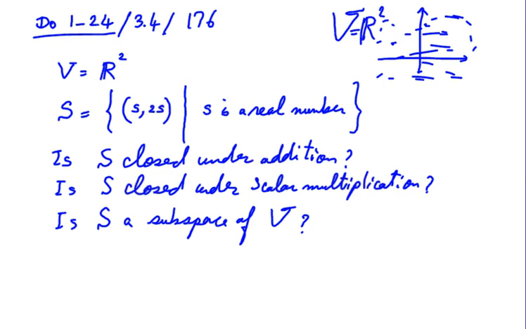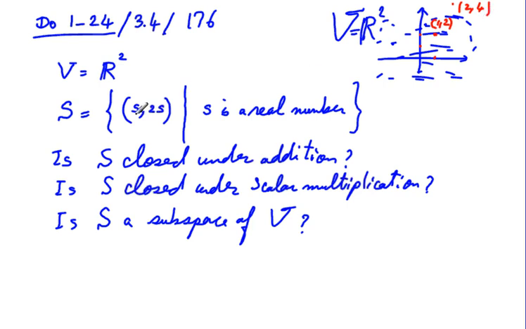Tell me something about these points. For example, if S is 1, the point we are looking at has coordinates 1 and 2. If S is 2, that's a point with coordinates 2 and 4.